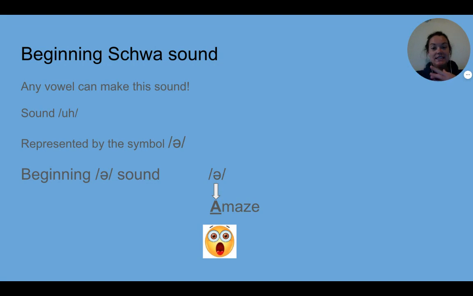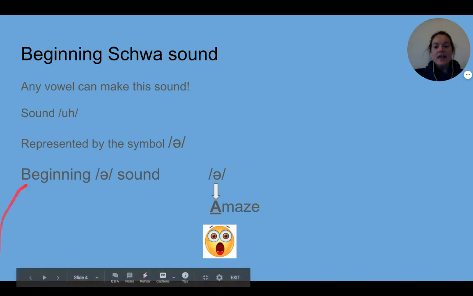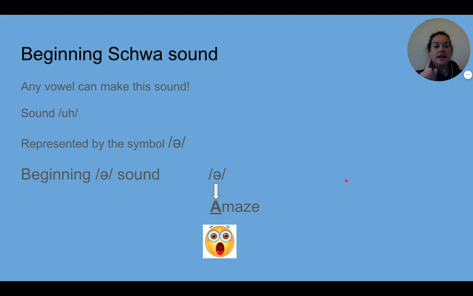And today the sound is schwa. Any vowel in the alphabet can make this sound. If you ever see it written on a piece of paper, which you probably never will, it's really not that important to know, but I figured it'd be fun to know. This is the symbol, the upside down E. Whenever you see this, you know the word is going to say the schwa sound.